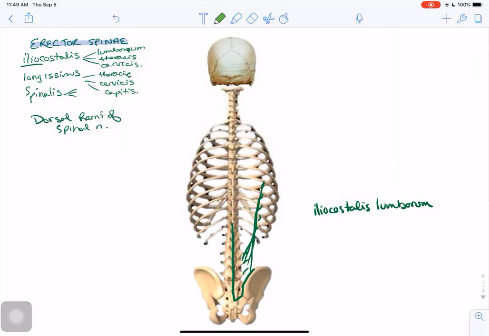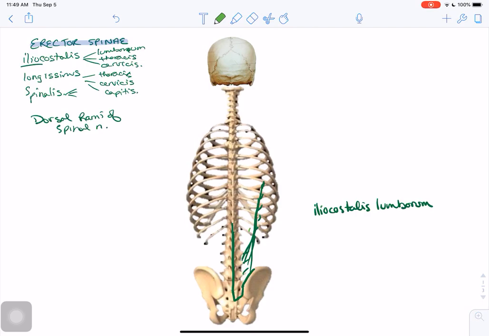The next portion of iliocostalis is the thoracis portion. The thoracis portion takes origin from the costal angles of the lower six ribs and inserts on the costal angles of the upper six ribs. And it often has an attachment to the C7 transverse process.